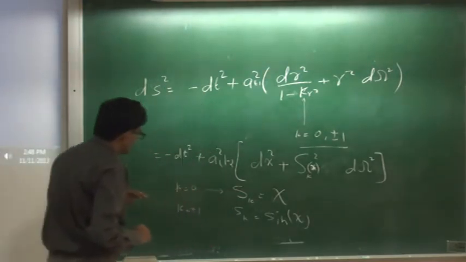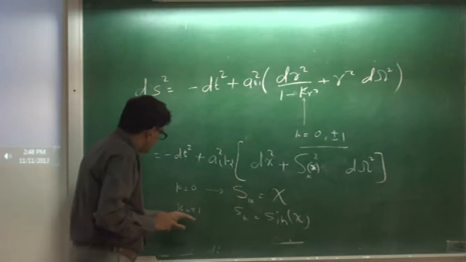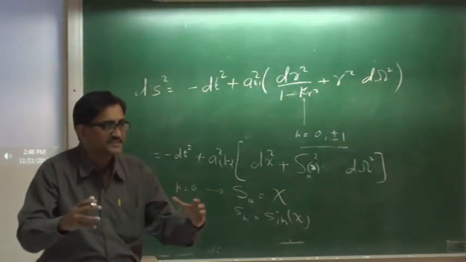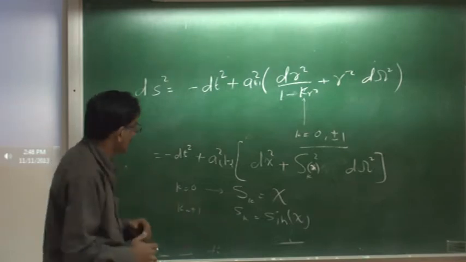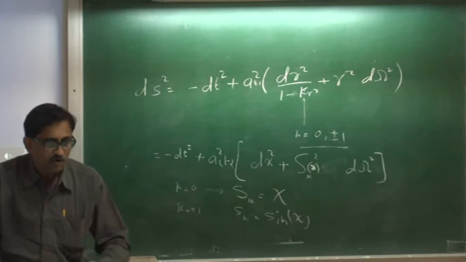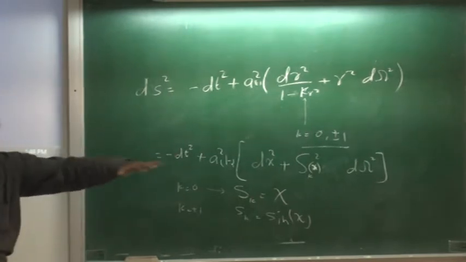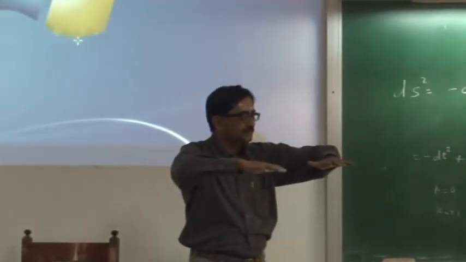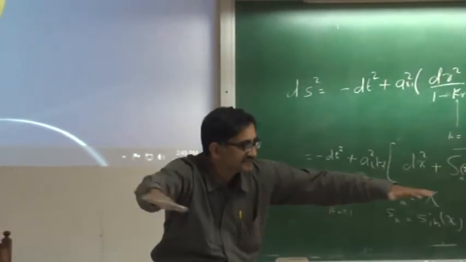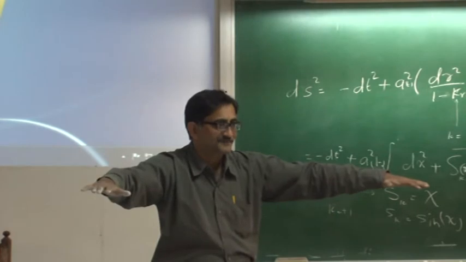And these are zero curvature surfaces. And as I said, this is something like a sphere whose radius is changing with time. And this is something like a three-dimensional generalization of a flat rubber sheet which is expanding or contracting with time. That is, at a constant time, the surface is just flat space.